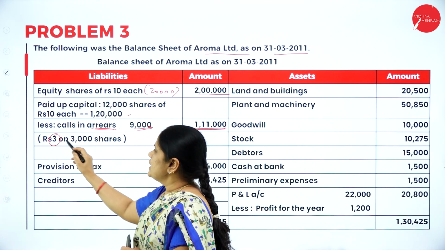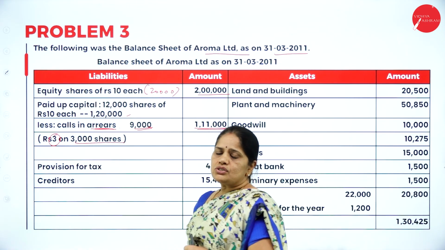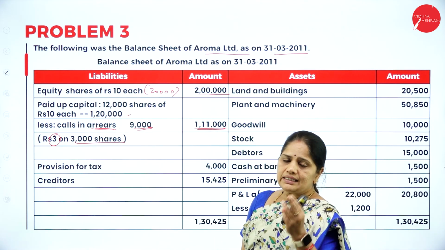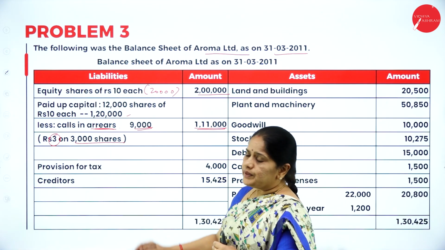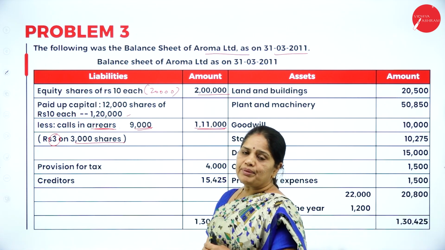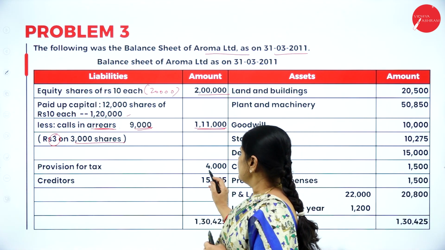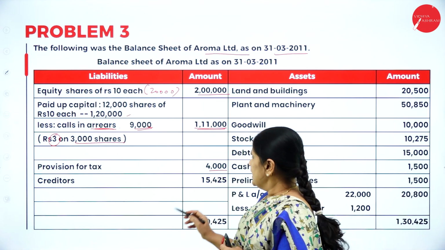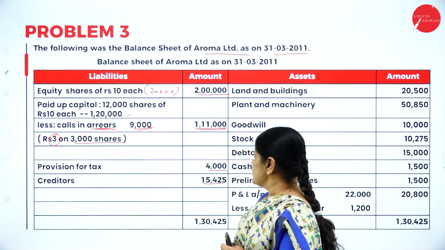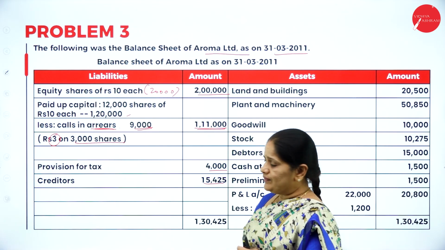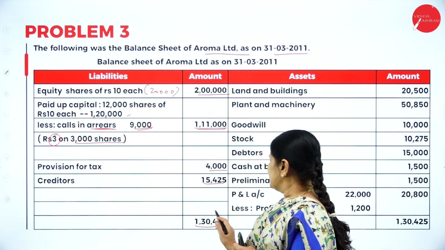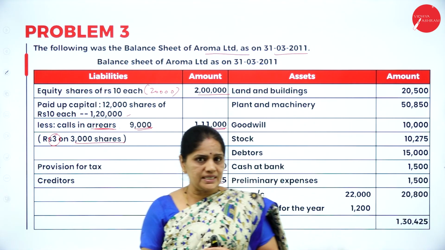So what is the calls in arrears here? 3 rupees per share on 3,000 shares. So on 3,000 shares, at the rate of 3 rupees per share, the shareholders have to pay the company almost 9,000. Then provision for tax, that is 4,000. Creditors, it is 15,425. The total is 1,30,425.